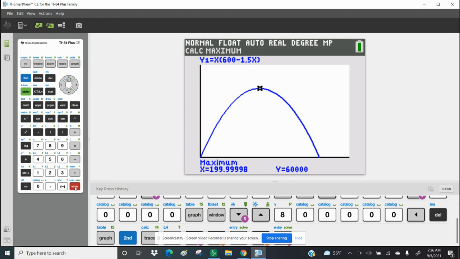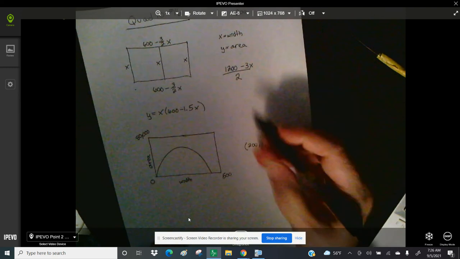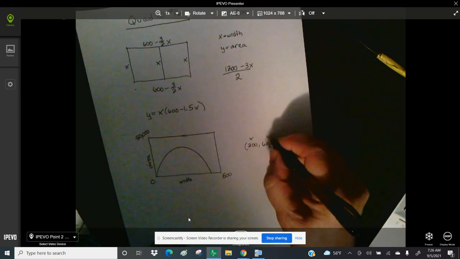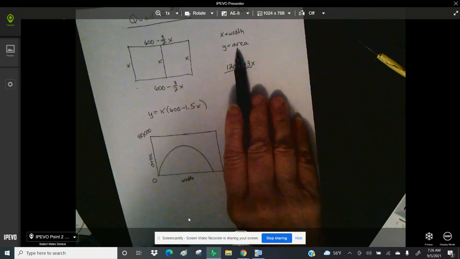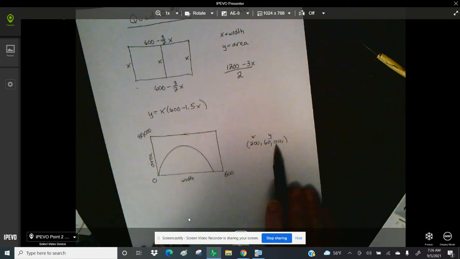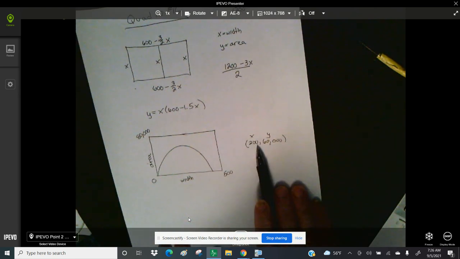And it tells me that my vertex is 200, if I round that, and 60,000. So now what this tells me is my x is 200 and my y is 60,000. So I know that the maximum area would be 60,000, and I know that my x is 200.